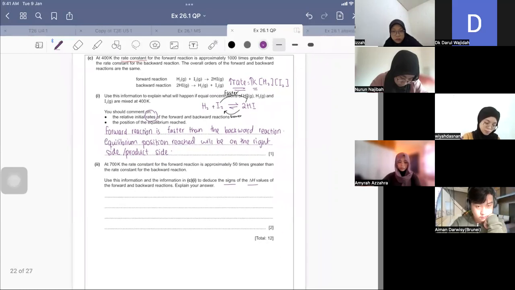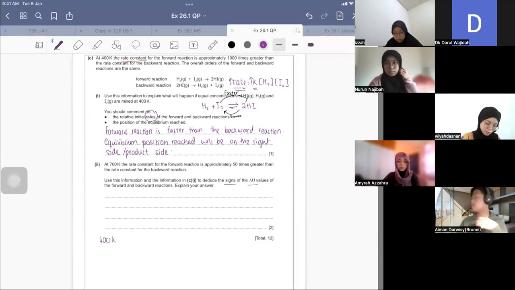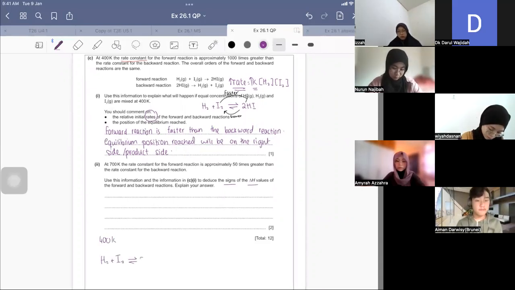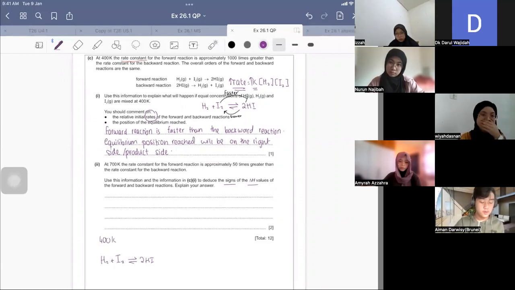So at 400 K, H2 plus I2 to HI. Now I know they are just relative sizes. So I will say that the forward reaction is times 1000.